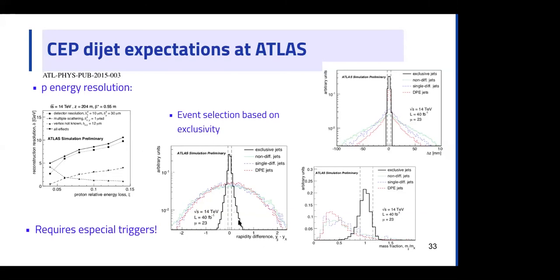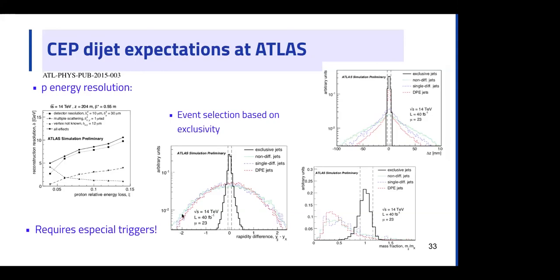So this plot in the center is the rapidity difference measured for the dijet system in the central detector, and the expectation from the protons measured with the protons. So for exclusive events, they are very centered at 0, and they match very well, basically.